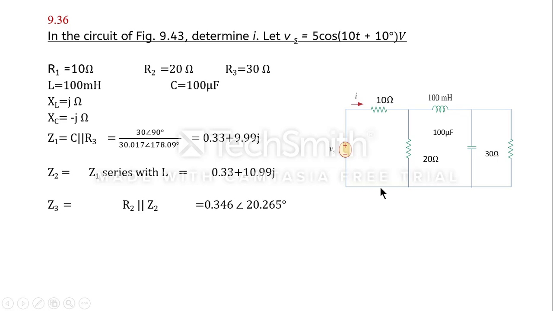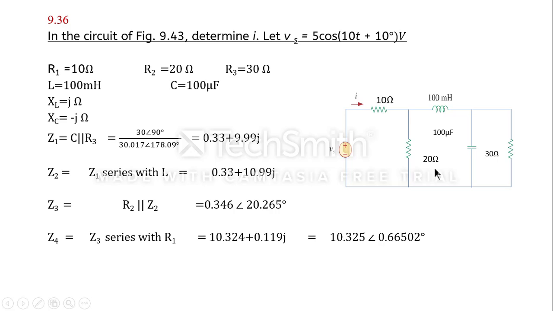Next, Z3 would be in parallel with the 20 ohm resistor, which gives a value of 0.346 with a polar angle of 20.265 degrees. Now, Z3 would be in series with the 10 ohm resistor, so we just add 10 to the rectangular format of this value, which is equal to 10.324 plus 0.119j, giving a value in polar coordinates of 10.325 with an angle of 0.665 degrees.